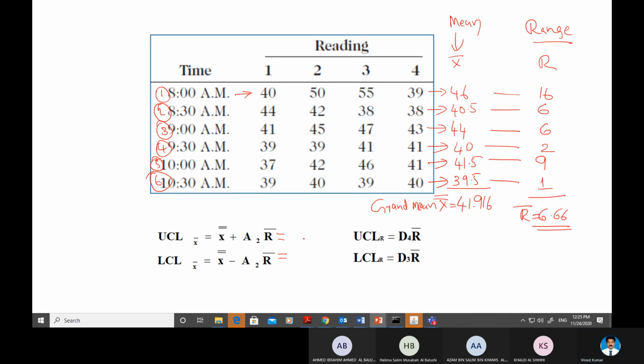Substitute x double bar and A2: 0.73. Okay, Khalid? Upper control limit is 45.8618. What is the value of A2? 0.73. How much is the upper? 45.8618. Okay, lower?